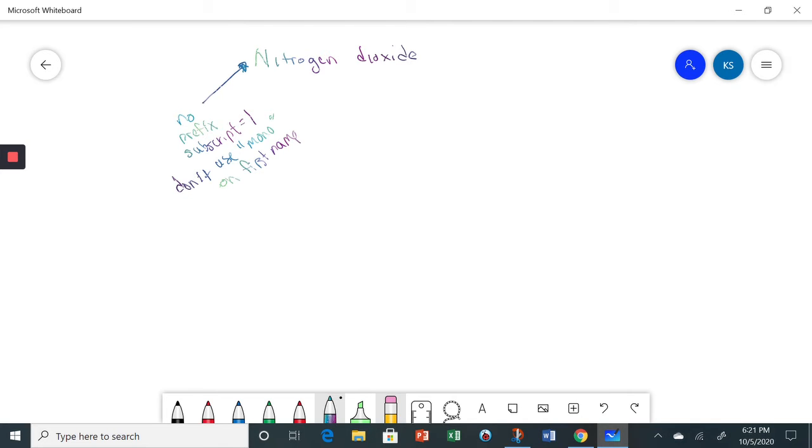We don't say monocarbon dioxide or monocarbon monoxide. Now, sometimes the mono gets shortened to mon, like deca might get shortened. It just depends on the flow of it.